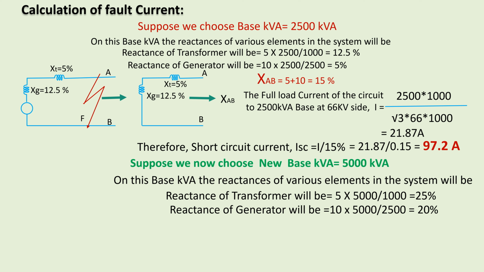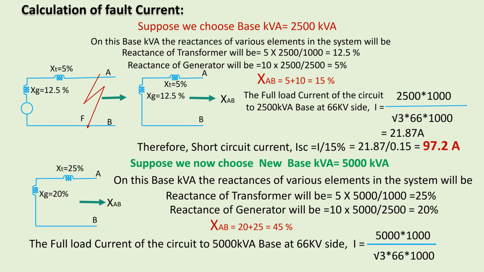Reactance of generator will be equal to 10 into 5000 divided by 2500 is equal to 20%. Therefore, XAB is equal to 20 plus 25 is equal to 45%.